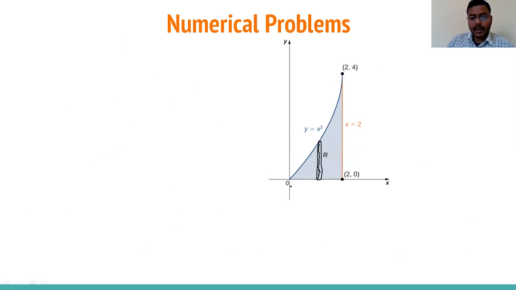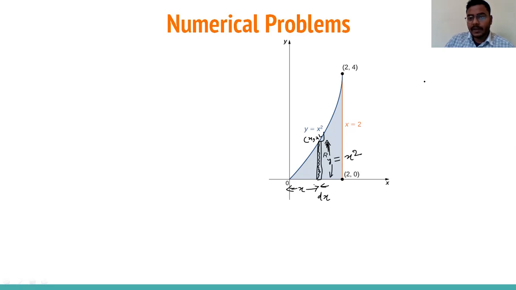Taking this segment, at a distance x from the y-axis, its thickness is dx. Are you getting the point? So what will be this value? This will be y. For this we can write the equation here. What will be this coordinate? This coordinate we can write x square, so y is equal to x square.